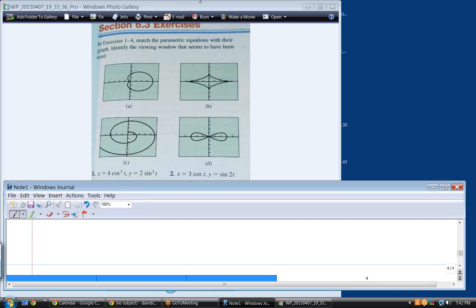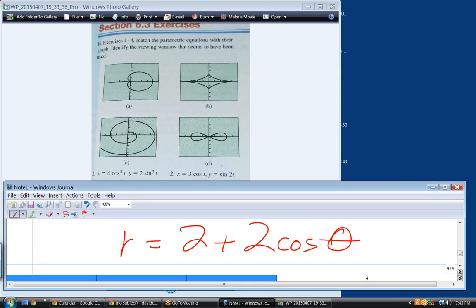The equation for a cardioid, which is this object right here, appears to be r equals 2 plus 2 cosine of theta, basically. And these numbers can be anything. They don't have to be 2.